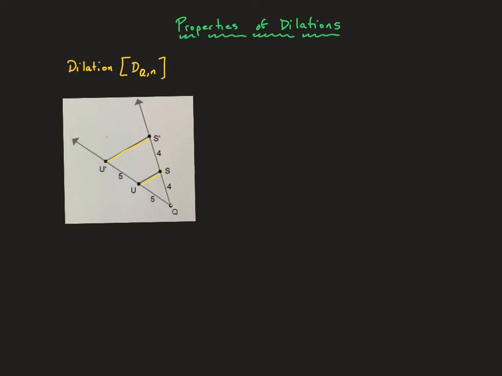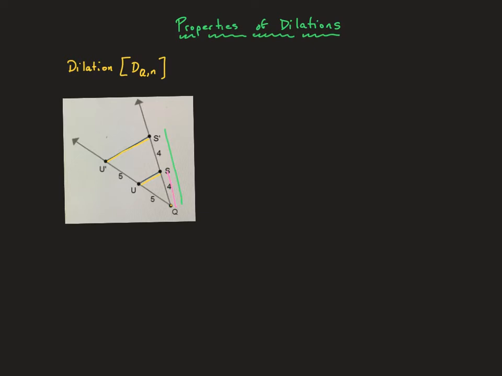It wants to know what is my scale factor. Well, let's look at some of these things that are occurring. If I just pick my segment here, I'm going to pick the measurement of QS, and then I'm going to pick the measurement of QS prime.